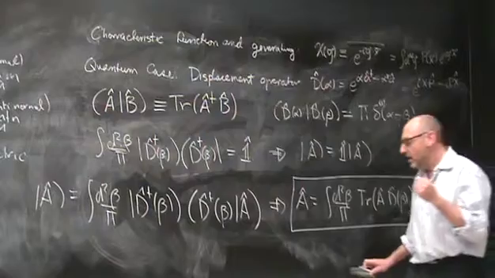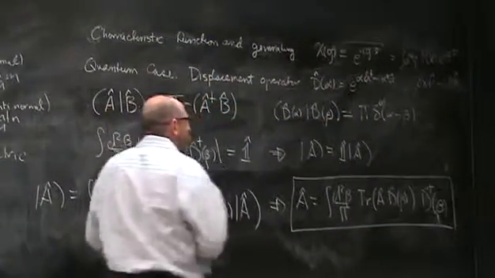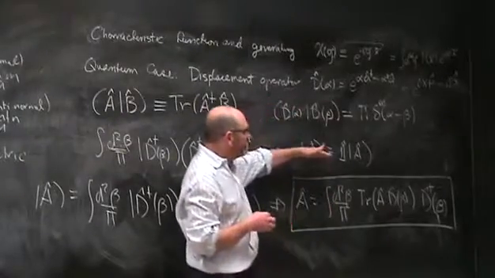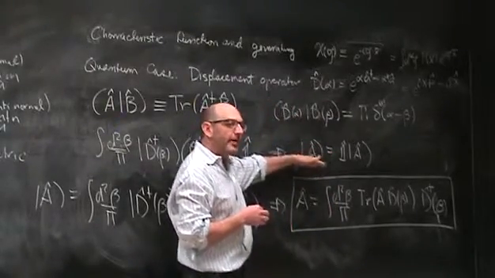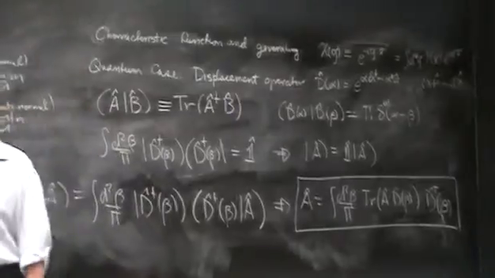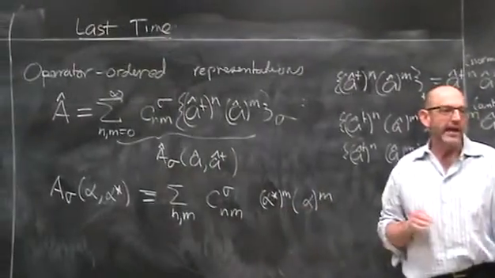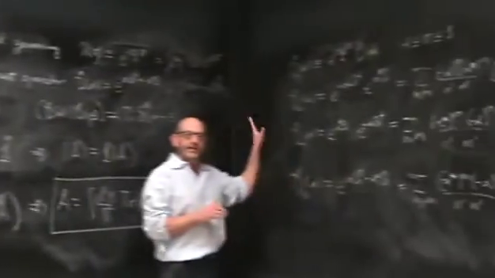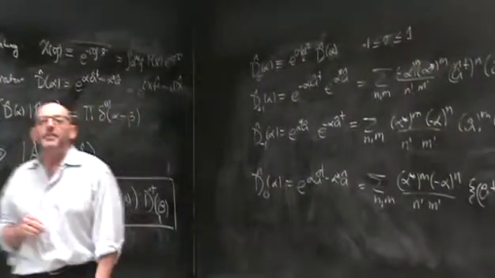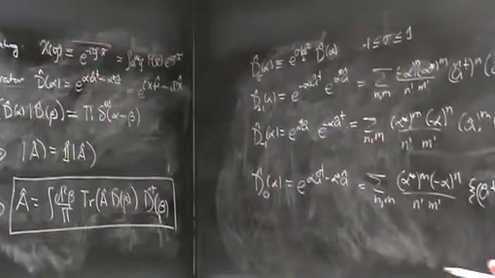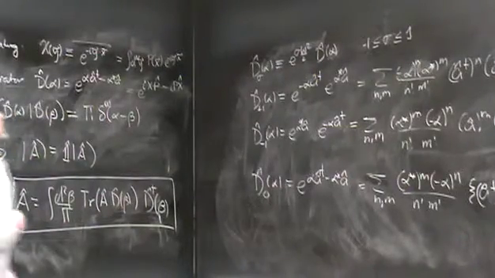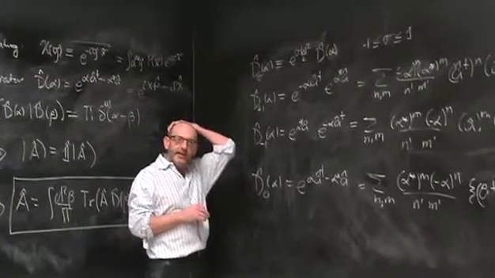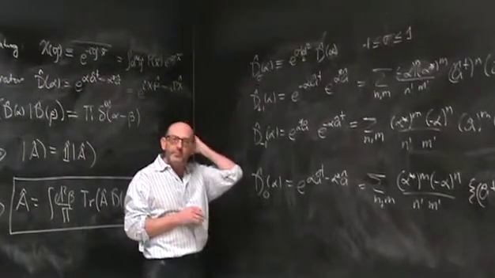Okay, so now this decomposition allows us to instantly write down this. Why? Because of this beautiful relationship written here, which is that we know how to express the displacement operator in terms of an ordered power series.